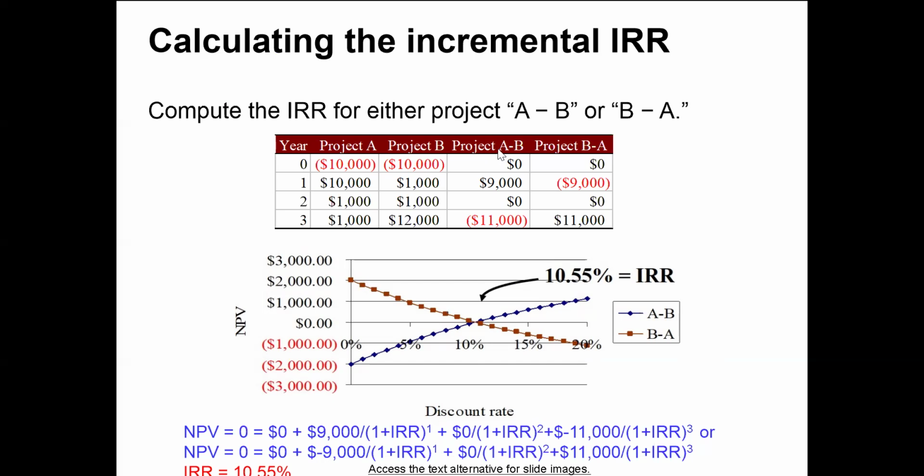This row is the difference from A and B. This is the difference from B and A. The direction is different, but the numbers are the same. Then you calculate the NPV for this cash stream, and make the discounted cash flows equal to 0.